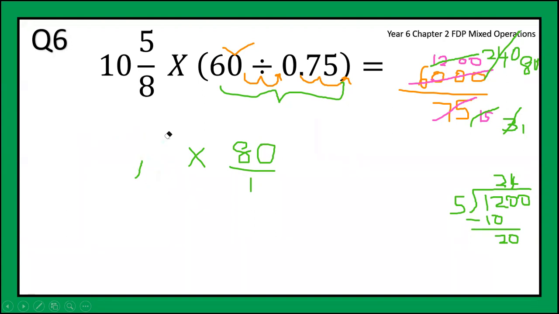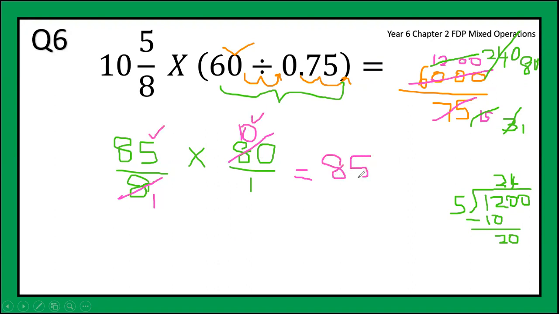So you can write this back as 85 over 8 times 80 over 1. Then you can simplify. This is 1, this is 10. So your answer is 85 times 10, which is 850 over 1 times 1. So that's 1. So this is your answer.